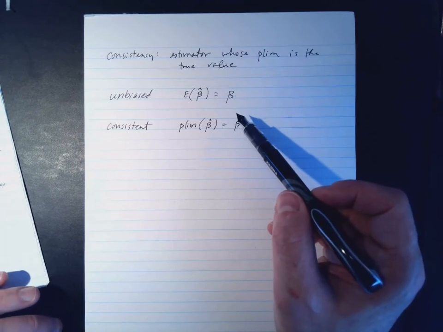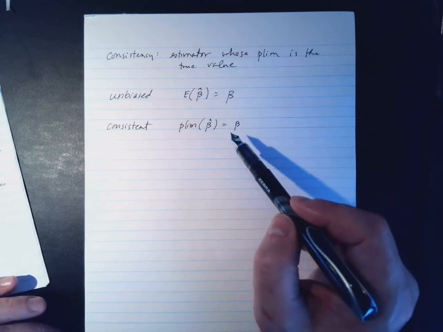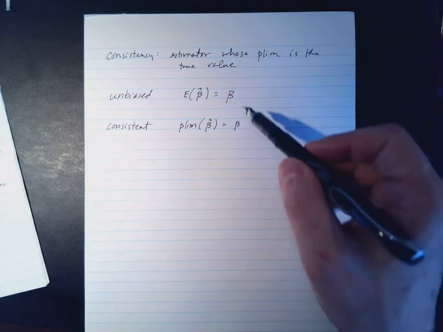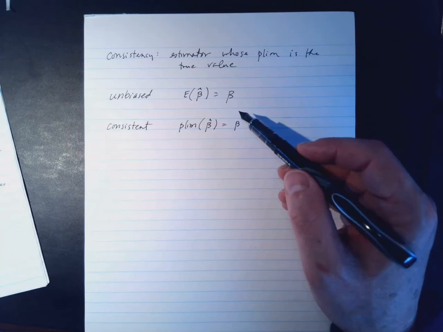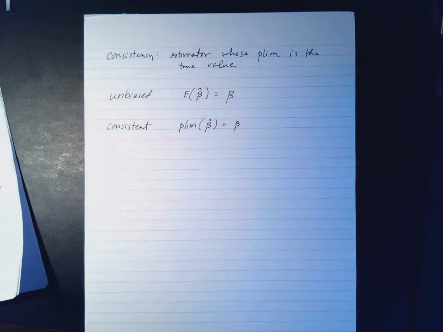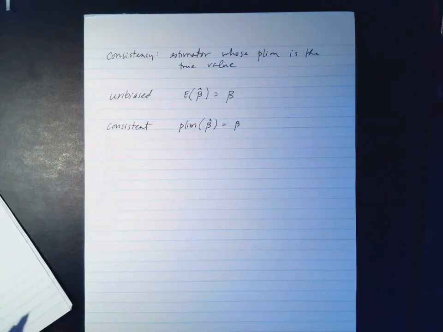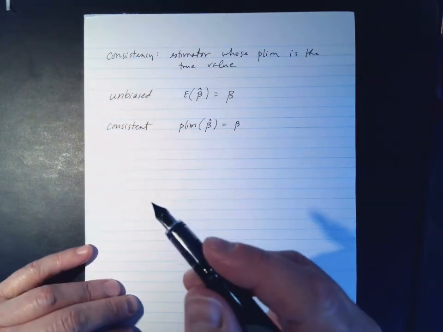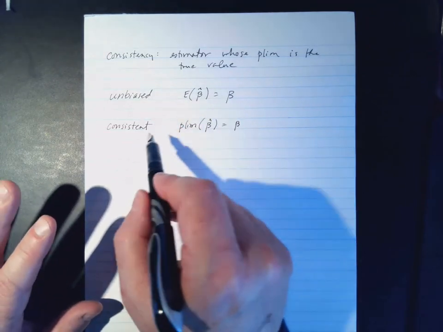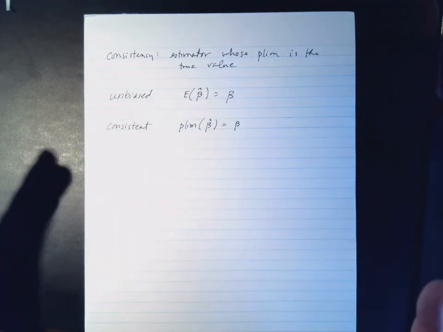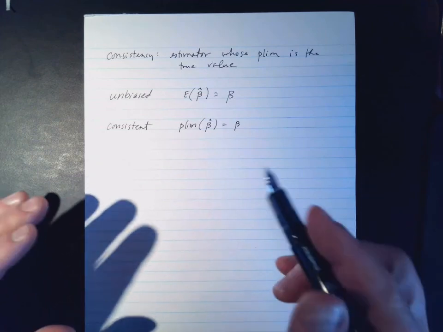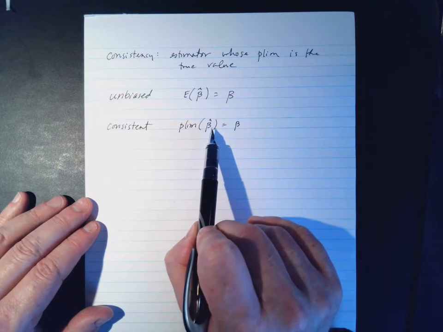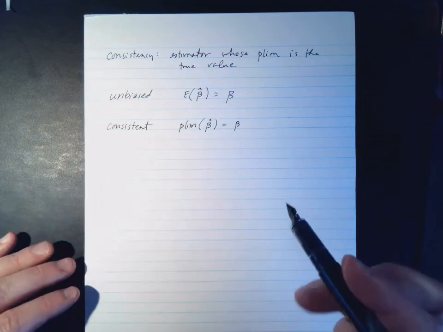Sometimes we work with estimators that are biased but consistent, meaning if you only have a small sample, you don't have a very reliable estimator, you might have a biased coefficient. However, if you can get enough data, then that bias problem goes away. So you can think of consistent as being asymptotically unbiased, but also asymptotically the variance of the estimator shrinks to 0.